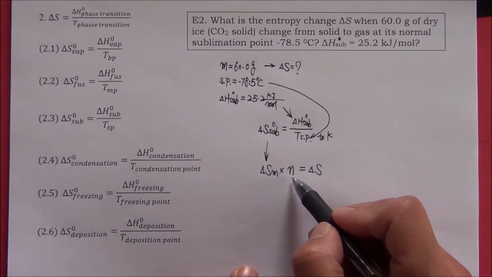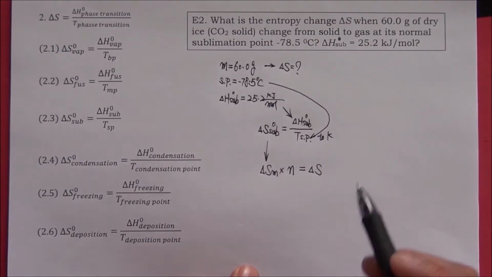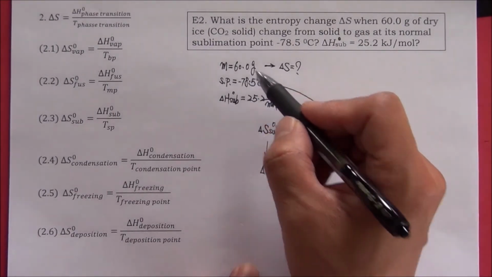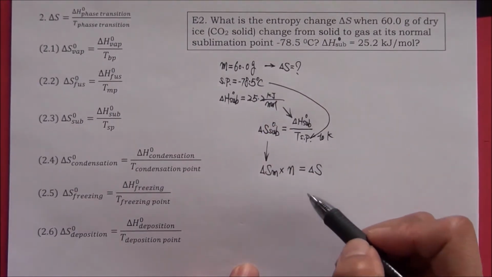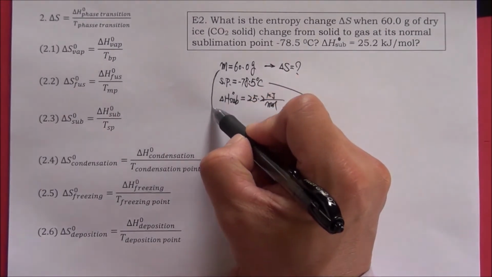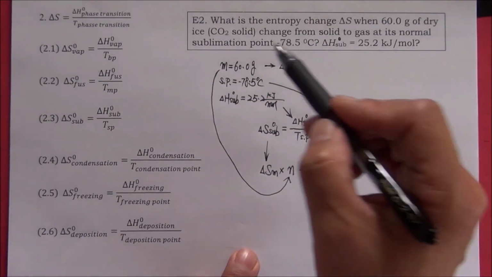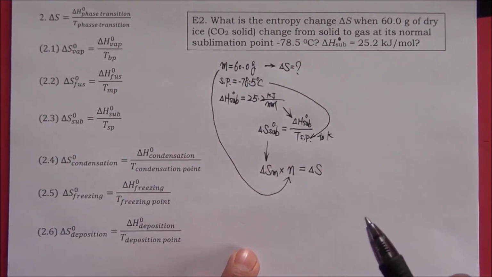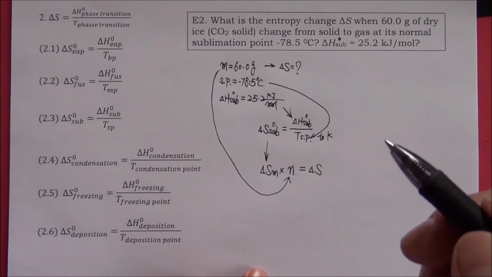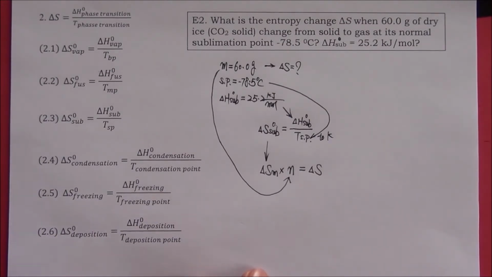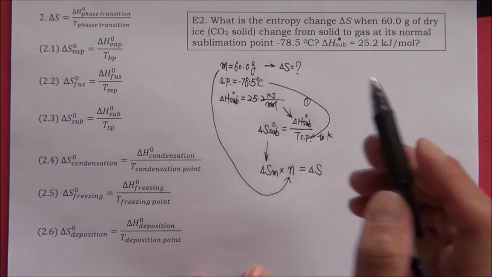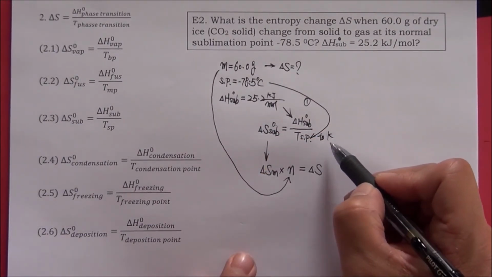If we know the moles, which we don't, but we know the mass, we can convert the mass to moles if we know the molar mass. Because it says it's dry ice, CO2, we can do this calculation. From our analysis, we know this is our step 1: we convert the temperature to Kelvin.